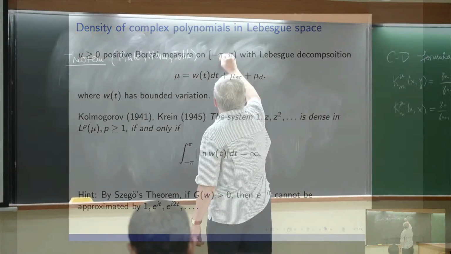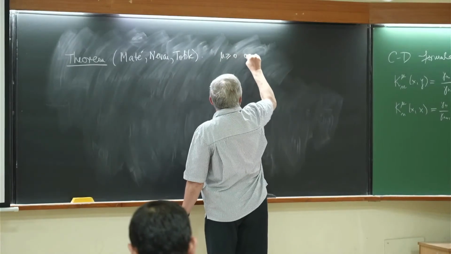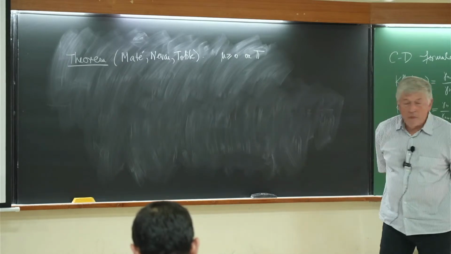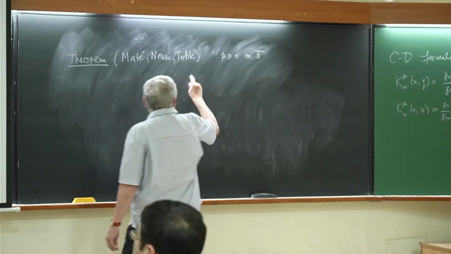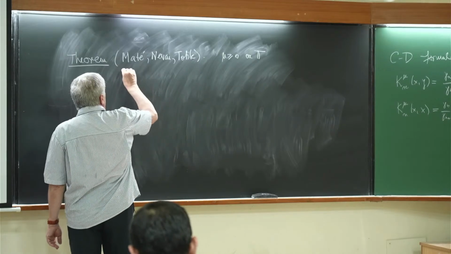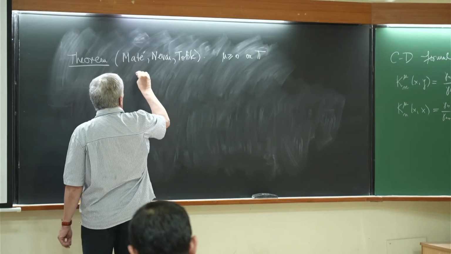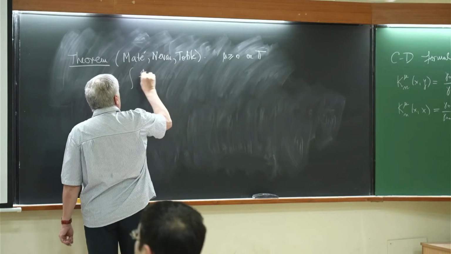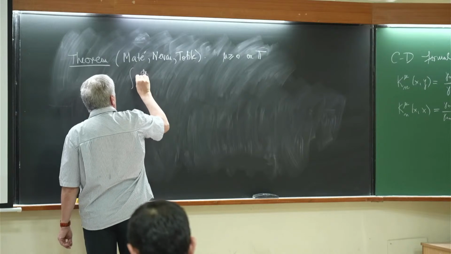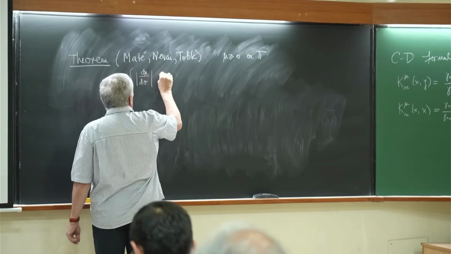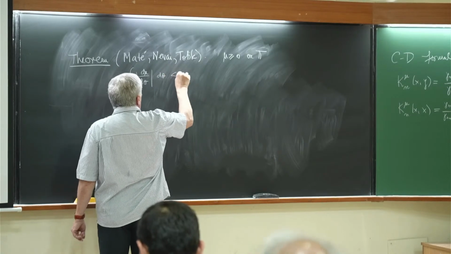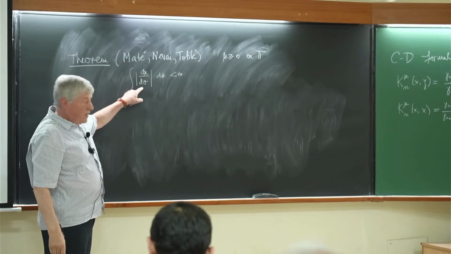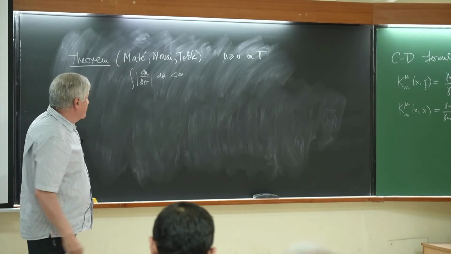We have a positive measure on the torus. And we assume that we have the Szego condition, namely that the integral of, I'll write it like this, of the absolutely continuous part of the measure is integrable.